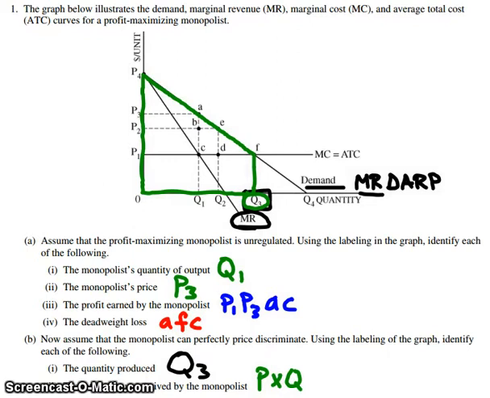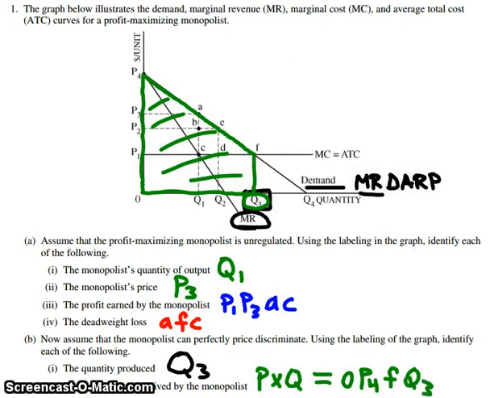The price would be P4 at one end, but then each individual consumer is paying one of those prices along the demand curve all the way up to Q3. So this whole area, 0, P4, F, and Q3 as the corners, is the total revenue for the perfectly price discriminating monopolist.